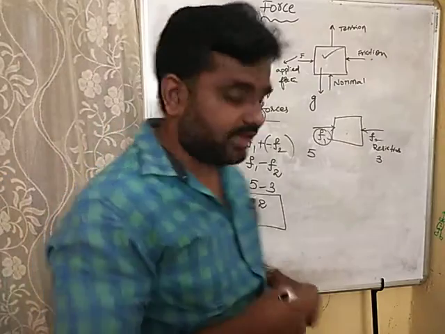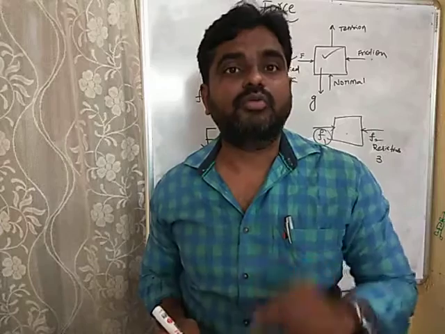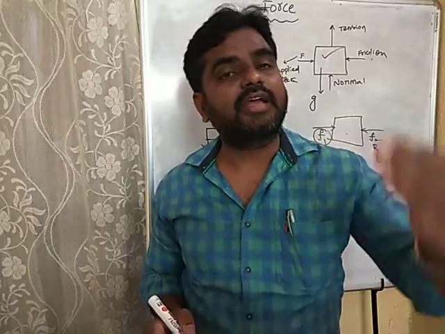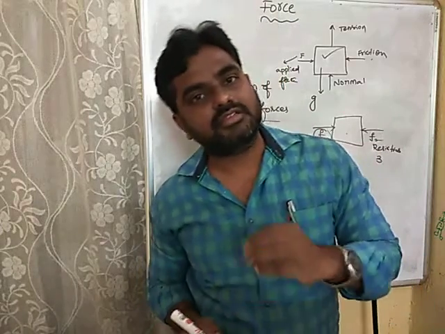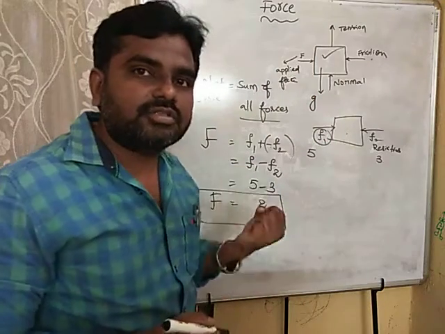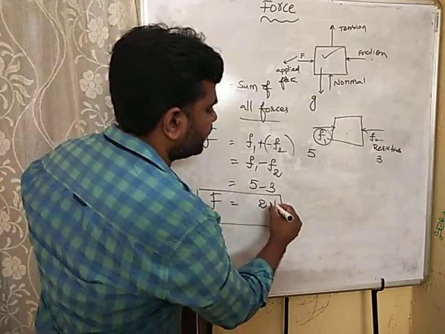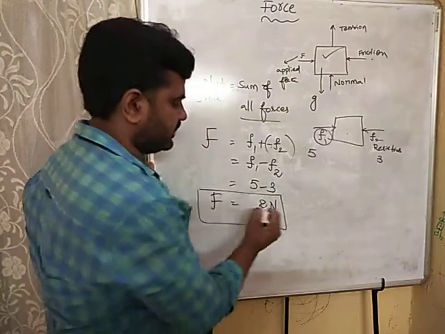In the last class we learned that force is a measurable quantity. It has both magnitude as well as direction. So in what units is this force measured? Force is measured in newtons. We learned that in the last class.